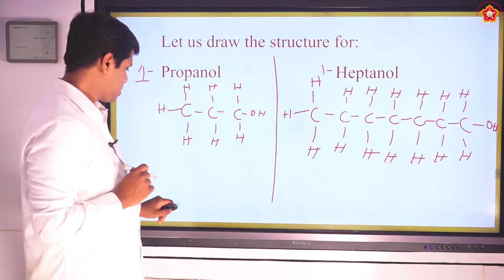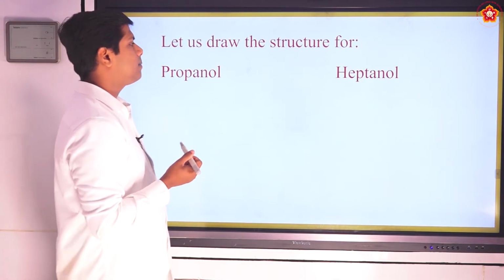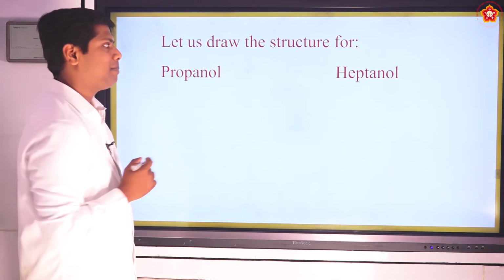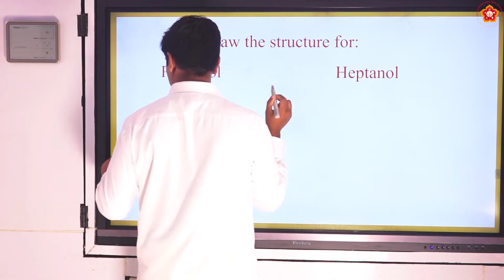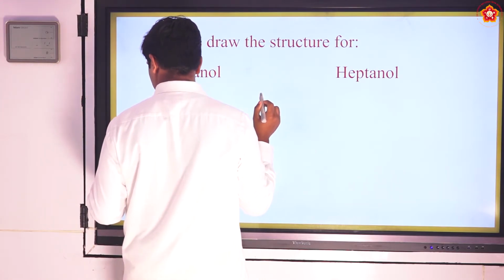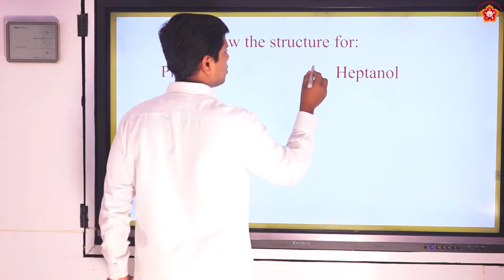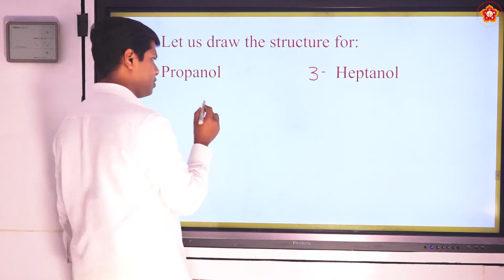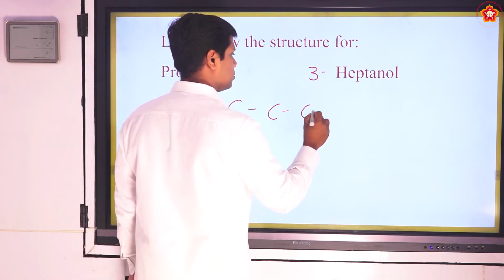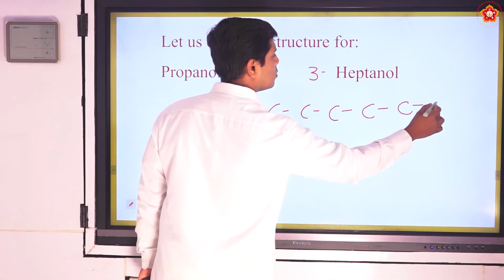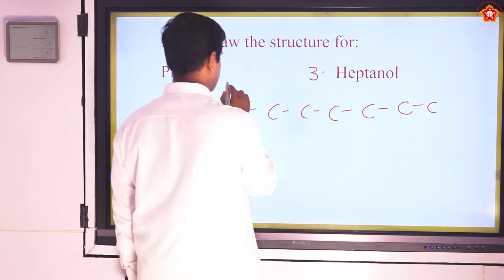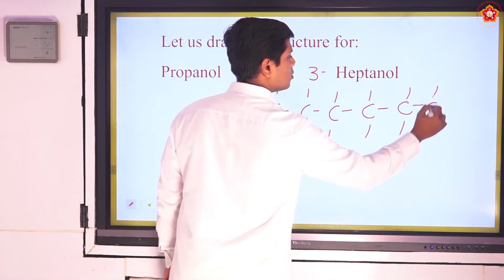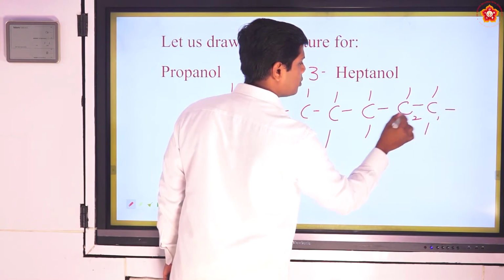Let us try one more structure. Write the structure for 3-heptanol. First you write the carbon chain: this is 1, 2, 3.